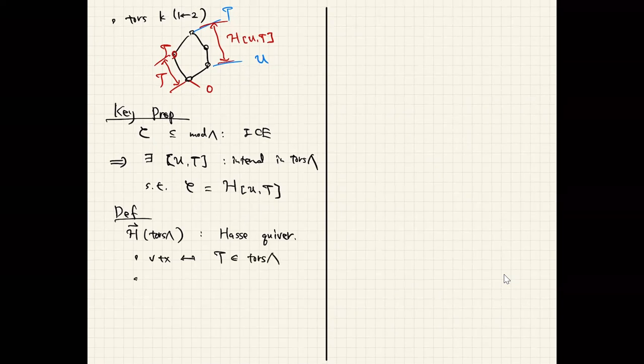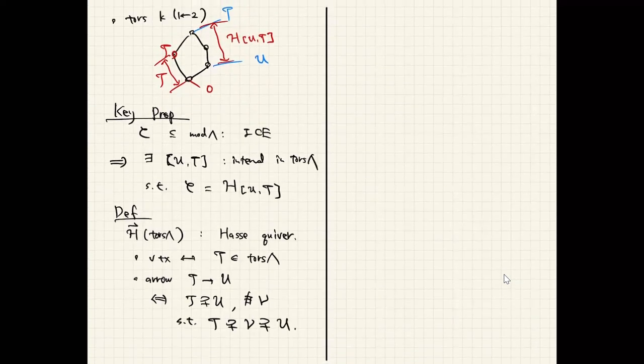And we write an arrow from T to U if T is strictly larger than U, and there exists no V satisfying this, so T covers U in the poset tors Λ.